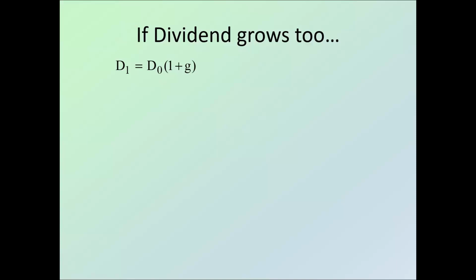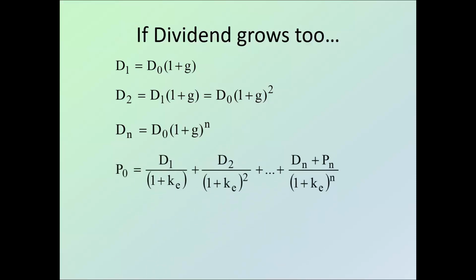Well, D2 would be D1 times 1 plus g, and we know that D1 is D0 times 1 plus g, so there are two 1 plus g's, or 1 plus g to the power of 2, squared. That's how we get D2. Can we use induction to find out what Dn is? Sure. Dn, or Dt, is D0 times 1 plus g to the power of n. And we can do this for infinite periods.